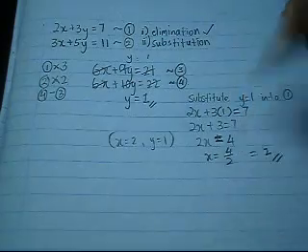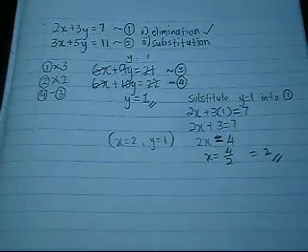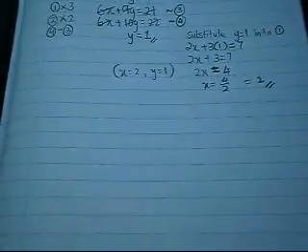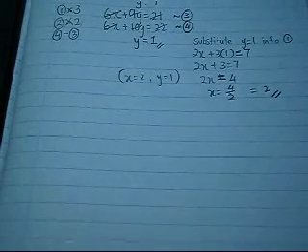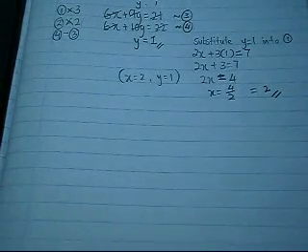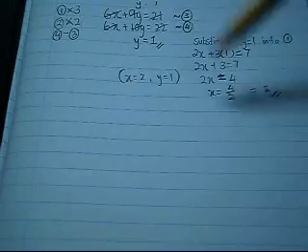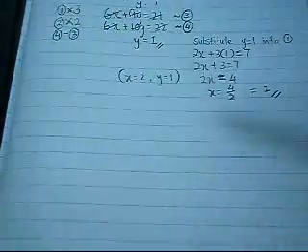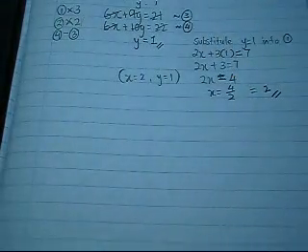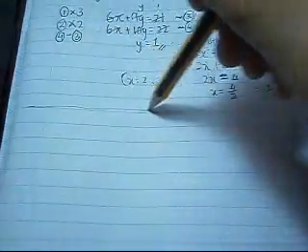The next thing we're going to do is the substitution method. The substitution method is way different from this, but the last part is about the same. We draw a line.